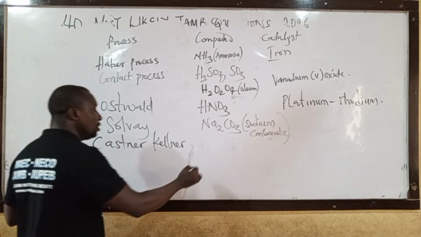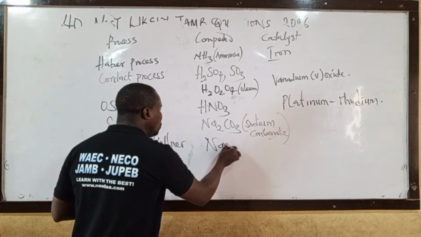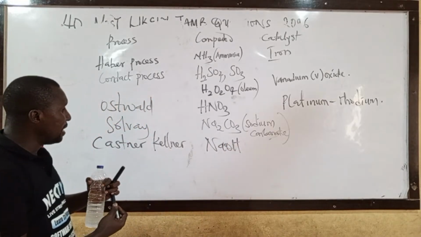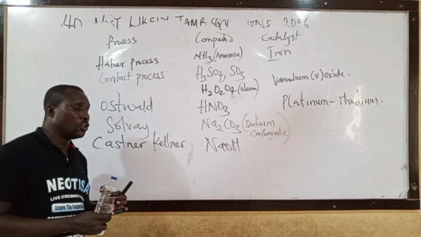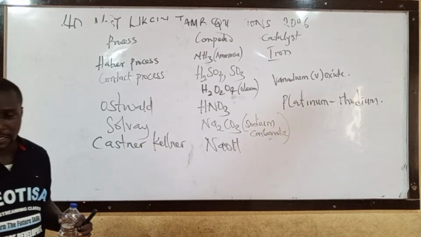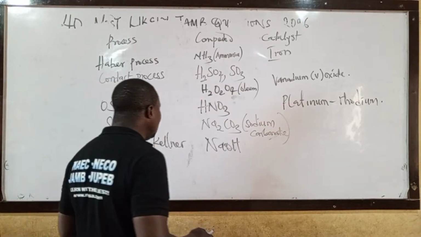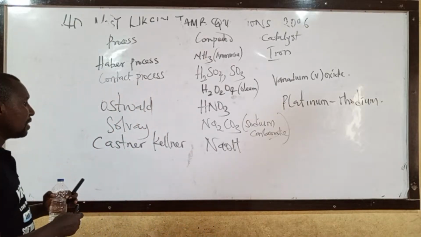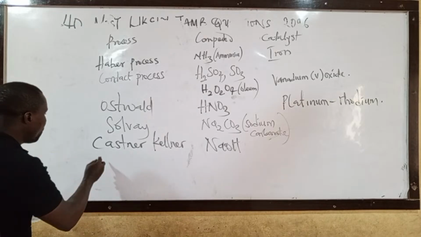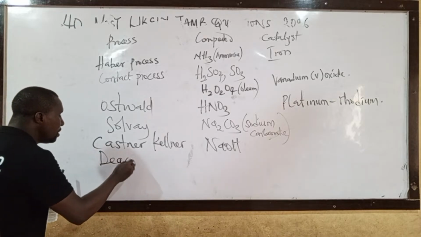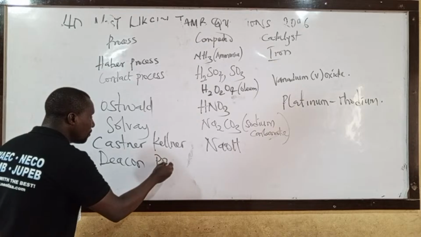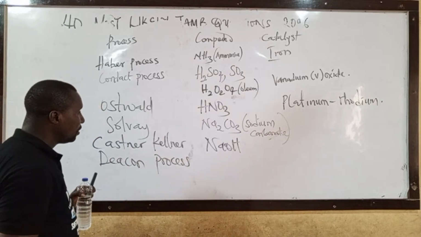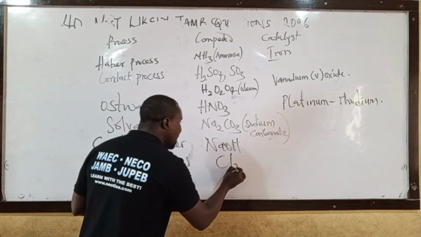We use it to produce sodium hydroxide during the electrolysis process. In this one, no catalyst is required. We have the Deacon process. We use it to produce chlorine gas.